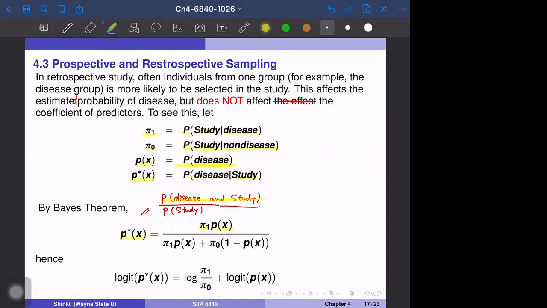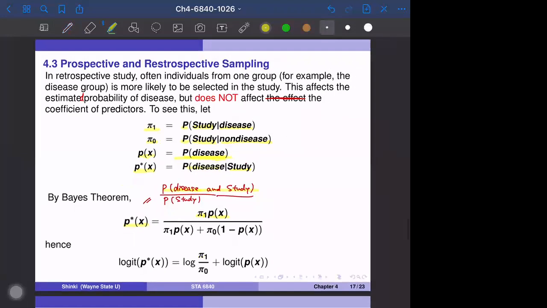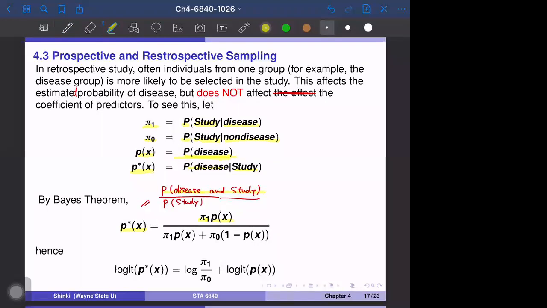And in the denominator, we have two cases: the baby has disease and is in the study, and the baby does not have disease and is in the study. So the first one is the baby is in the study and has the disease. And the second one does not have disease, which has probability 1 minus P of X, and is included in the study.